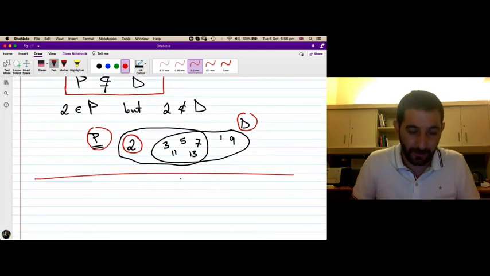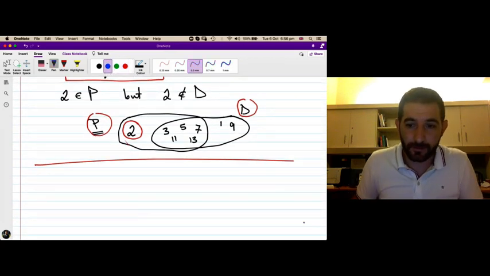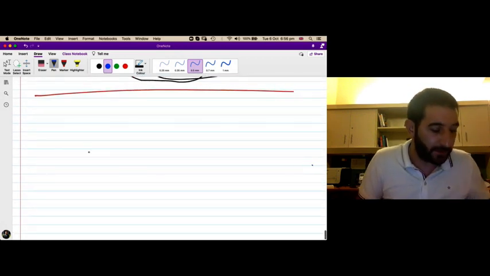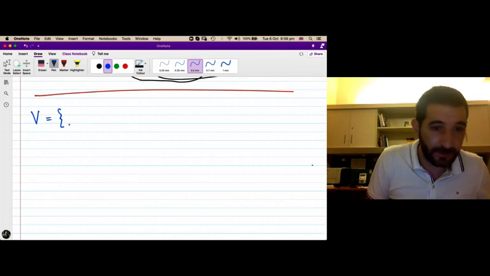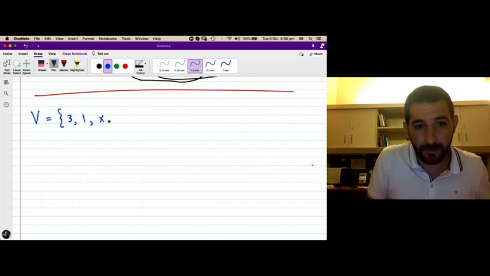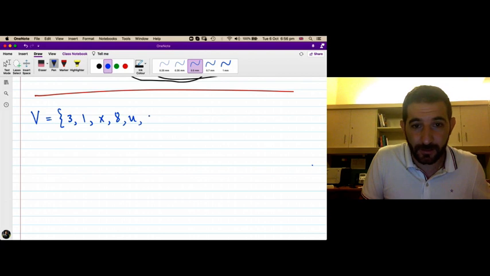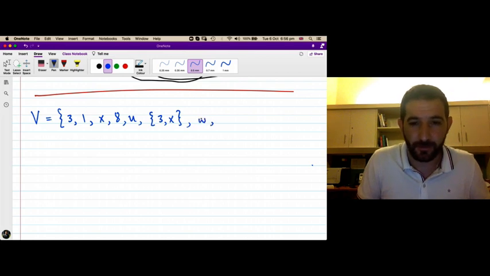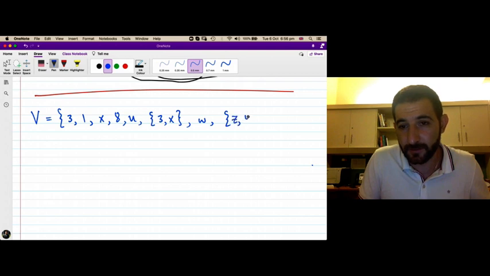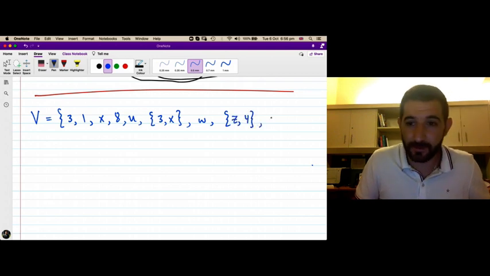Okay. Let's take another example. Let's look at the set V. The set V has the elements 3, 1, x, 8, u, and the set containing 3 and x, and the element w, and the set containing z and 4, and finally z.